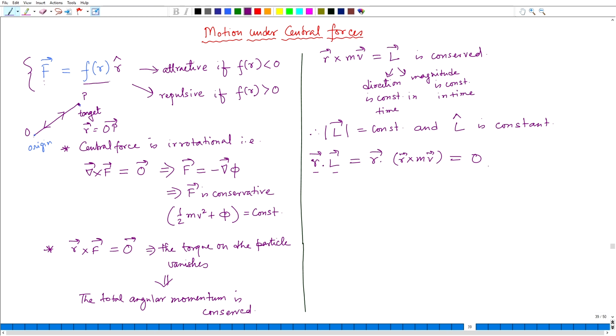So, what will be the possible scenario for the motion of the particle? This is a constant vector and it does not change its magnitude and direction in time, and I am now considering that the position vector of the particle is always in such a direction which is 90 degrees, or perpendicular, to this vector, whatever be the position vector.